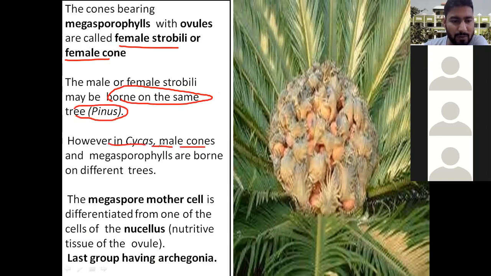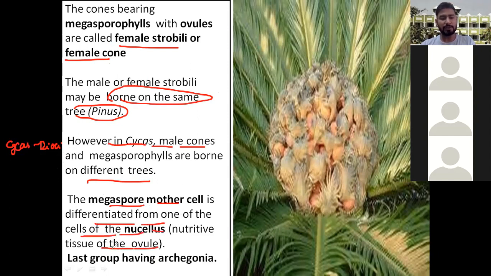However, in Cycas, male cones and megasporophylls are borne on different trees. Cycas is dioecious. The megaspore mother cell is differentiated from one cell of the nucellus, the nutritive tissue of the ovule. The last group having archegonia is the Gymnosperm. I have told this already a number of times.